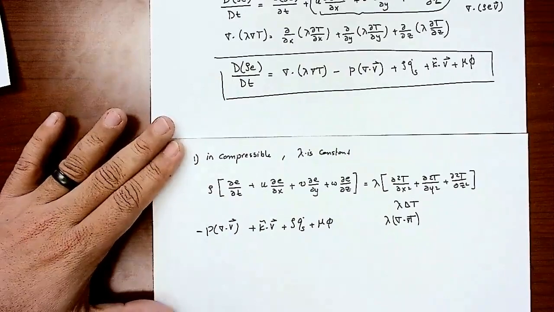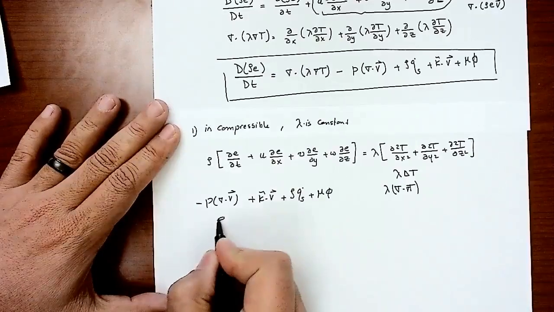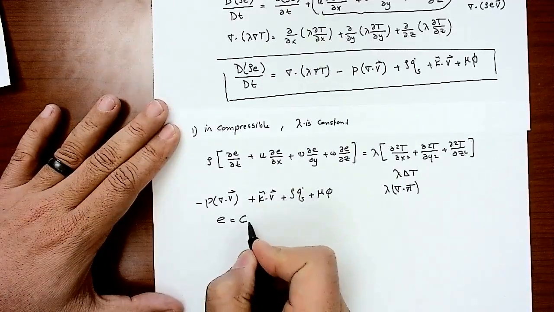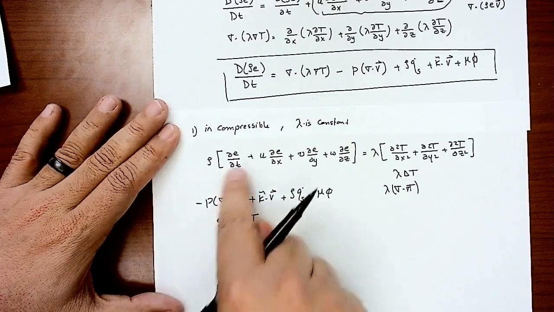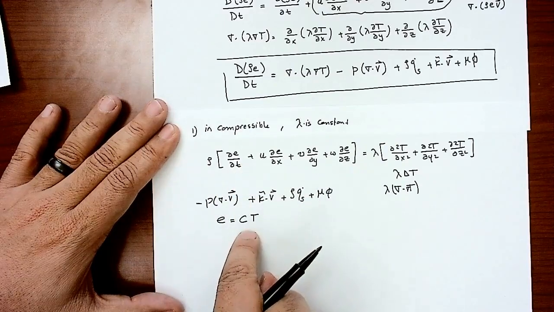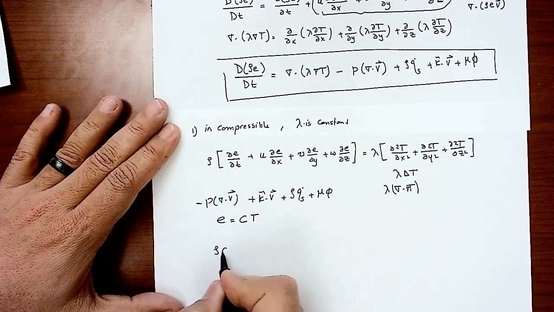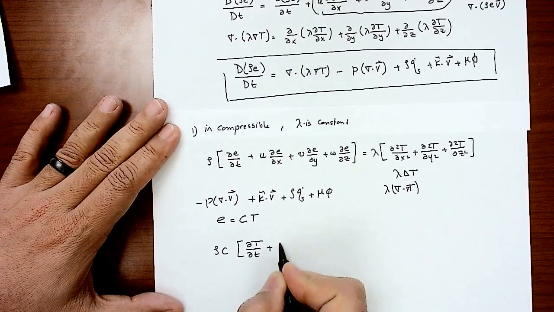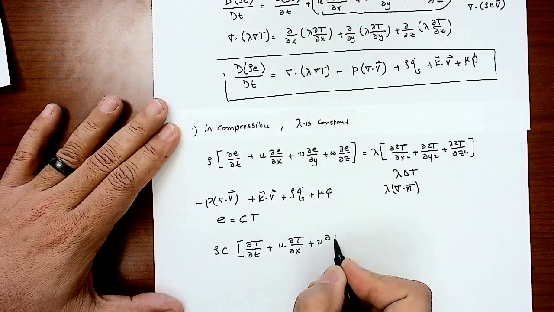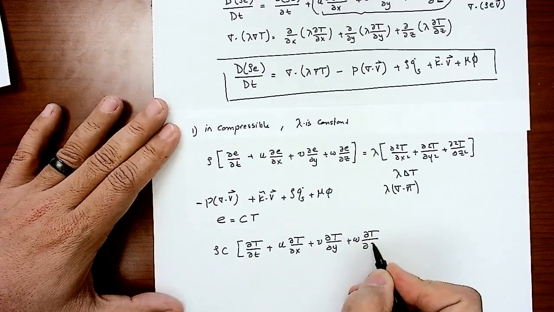If we are dealing with ideal gas or incompressible fluid, E can be written as Cv or Cp times T, right? So I can replace E with this here, and the properties are constant, right? So if you put that in here, you'll find that the equation becomes rho C times partial T by partial time t plus u partial T by partial x plus v partial T by partial y plus w partial T by partial z.